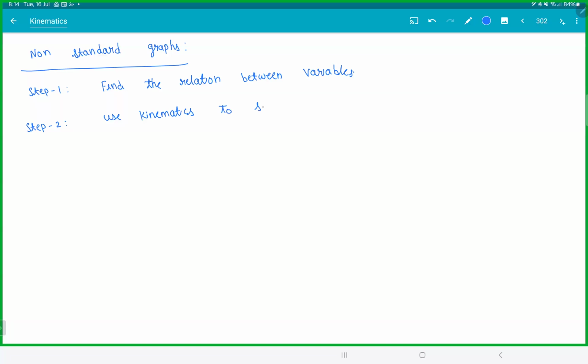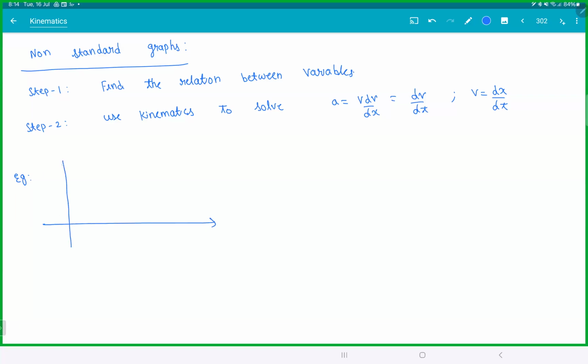Use kinematics to solve. Meaning, use the v dv by dx or dv by dt, or v is equal to dx by dt. So basically, it becomes a calculus question. So let me show you an example. That's the best way to figure it out.